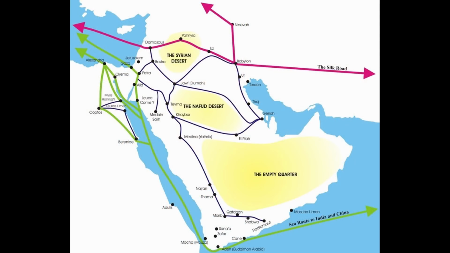Now, these Nabateans, they united the Arabian tribes. So here is a map of some of the trade routes in the Arabian desert. And as you can see, the Nabateans had occupied much of North Arabia, the Sinai Peninsula, and moved up into the Edomite area. And so they were coming into their own kingdom.